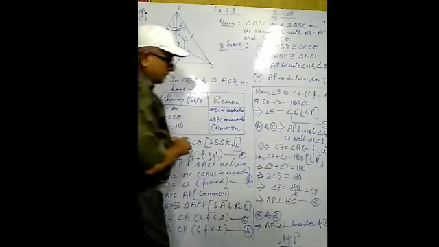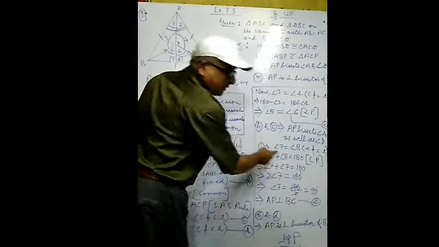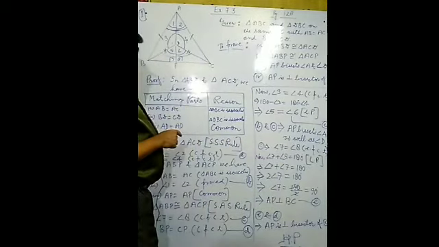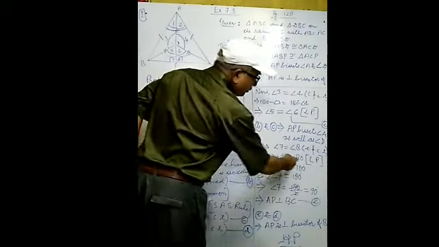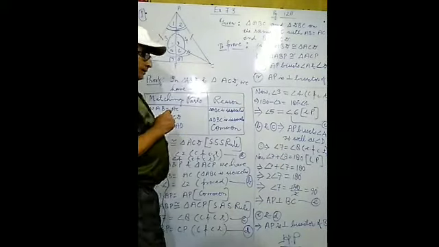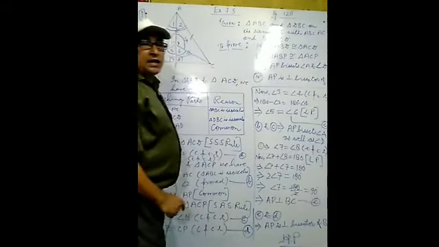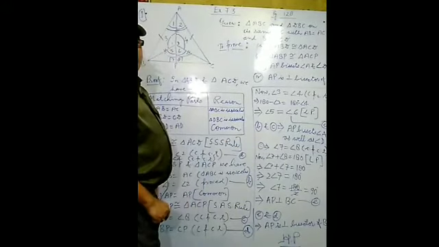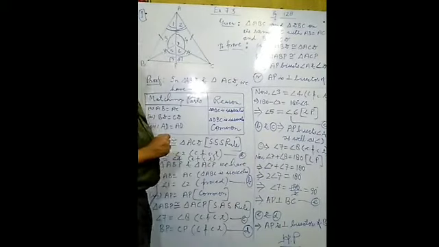Now see, angle 8 is also equal to angle 7. So angle 7 plus angle 7 equals 180 degrees. It will be twice angle 7 equals 180 degrees.